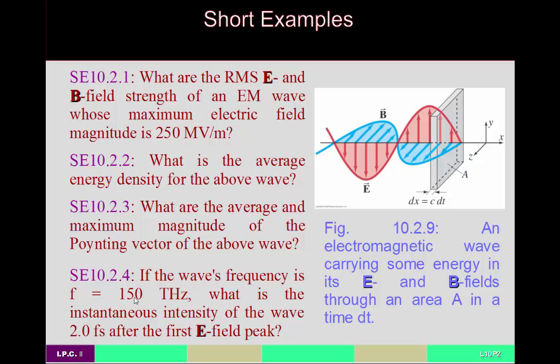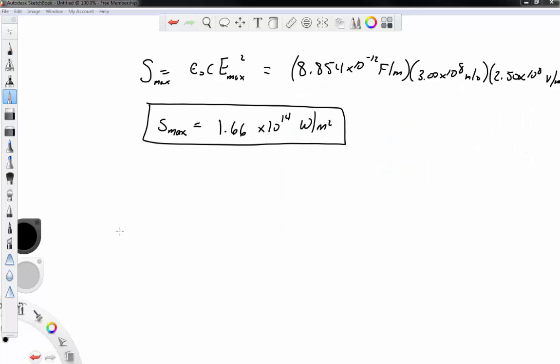Next, we're asked if the wave's frequency is 150 terahertz, what is the instantaneous intensity of the wave 2 femtoseconds after the first E-field peak? Well, in general, S, the Poynting vector, is epsilon naught C times E of t squared.